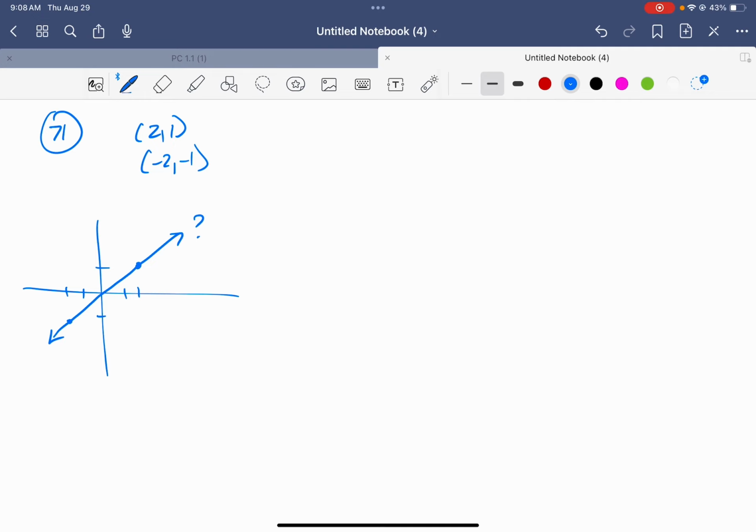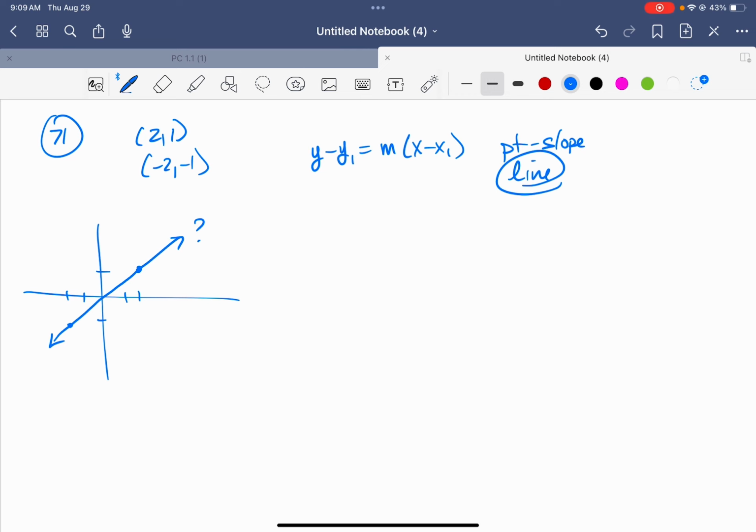So I know that anytime I need to make a line, I'm going to write down y minus y1 is equal to m times (x minus x1), my point slope form of a line. So in this case, I need to find m. So I'm going to find my slope first, and I know that that's y2 minus y1 over x2 minus x1, change in y over the change in x.